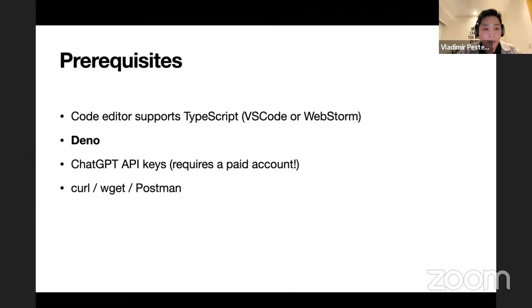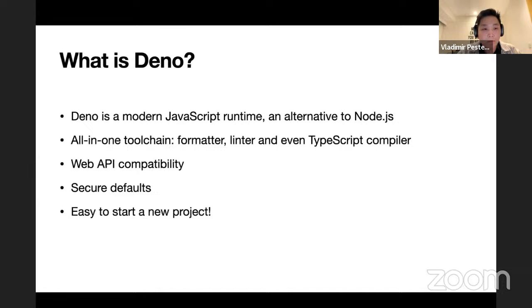The second is Deno. What is Deno? Deno is a modern JavaScript runtime and an alternative to Node.js. Everyone knows Node.js. We use Node.js to run JavaScript on our servers. So Deno is just better than Node.js. Why is it better?